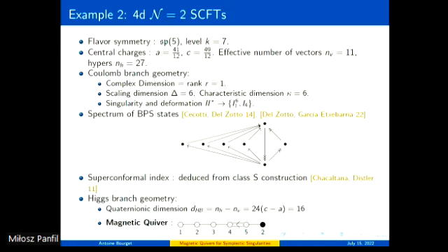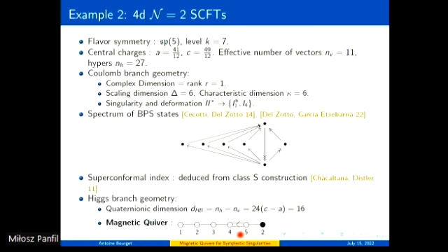And this is pretty difficult because, as I said, it's not a Lagrangian theory, so you cannot use the hyperkähler quotient. What was known before is the dimension, which can be computed from the central charges. It's known that it's a space of quaternionic dimension 16, so complex dimension 32. So you see that while the Coulomb branch is very simple, one-dimensional, the Higgs branch is 32-dimensional. How can you characterize it? Well, my claim is that you can characterize it using a magnetic quiver, and here it is.